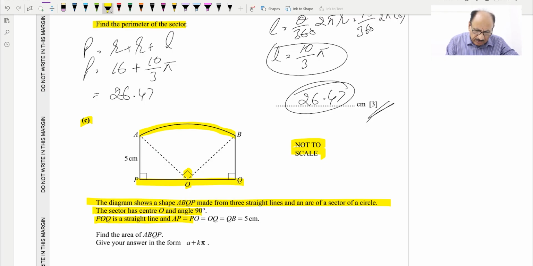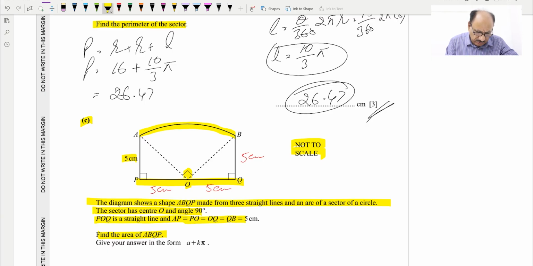AP, which is 5 centimeter, is equal to POQ and QB. These are all 5 centimeter. This is also 5 centimeter. And find the area of ABQP.